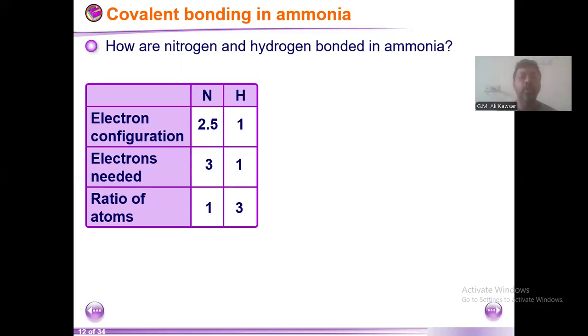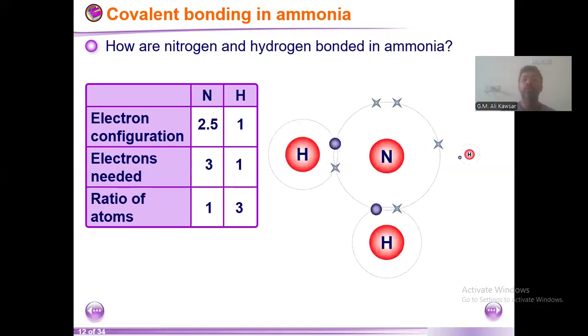Here, 3 hydrogen atoms can be bonded with 1 nitrogen atom. We get the ratio this way, by just exchanging the number of electrons. So here you see how this ammonia molecule is formed by nitrogen and hydrogen. I hope you understood.